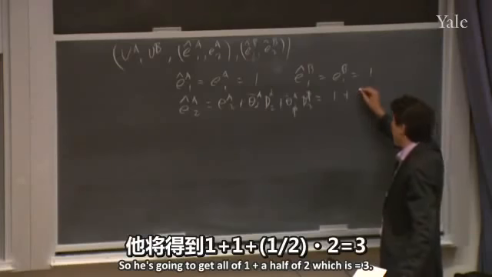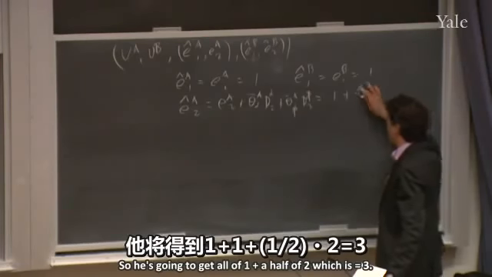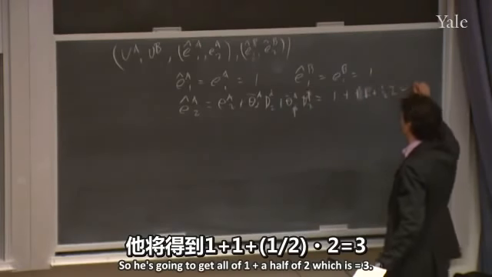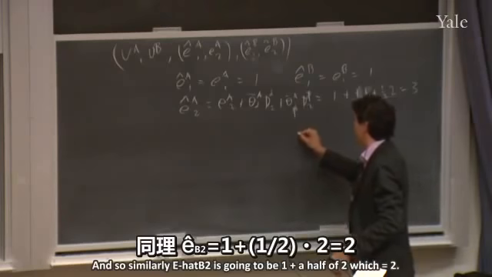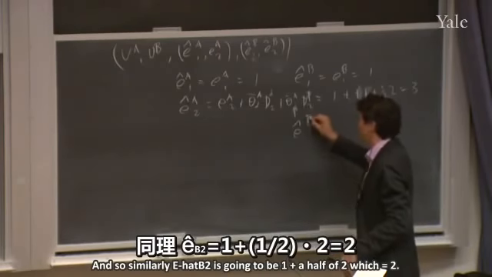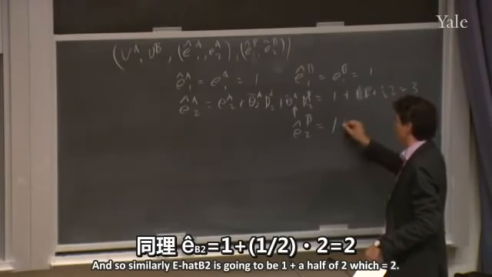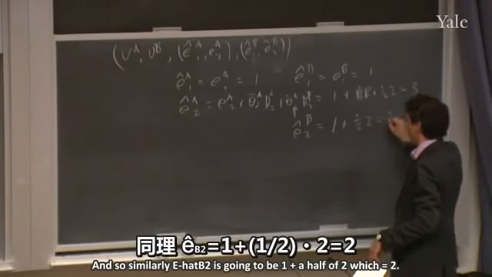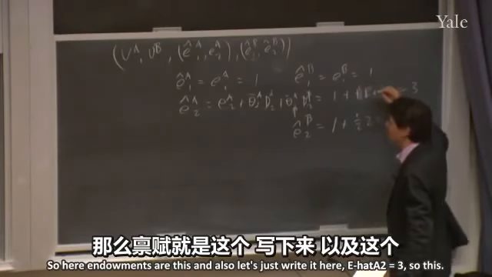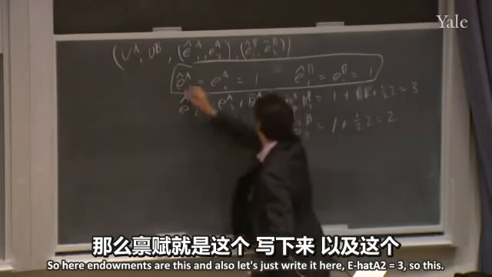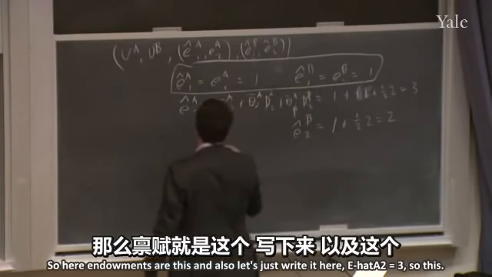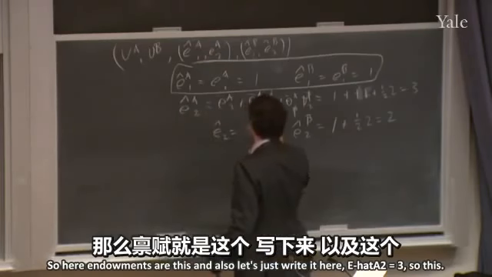So he's going to get all of 1, plus half of 2, which is equal to 3. And similarly, E hat B2 is going to be 1 plus half of 2, which equals 2. Okay, so here the endowments are this. And also, let's just write it here, E hat A2 equals 3.